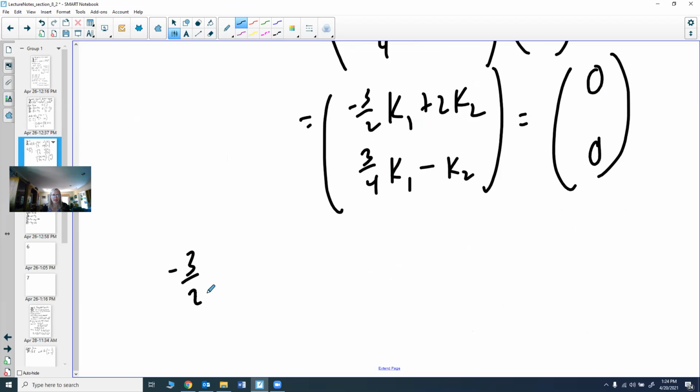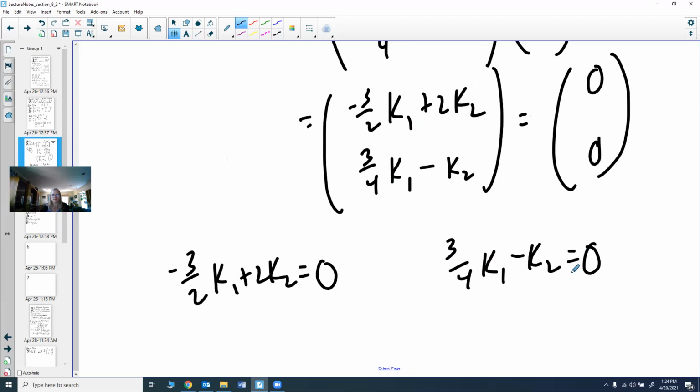So negative 3 halves k1 plus 2 k2 has to be 0. 3/4 k1 minus k2 has to be 0. Great. So this means that k1 is equal to 4/3 k2.